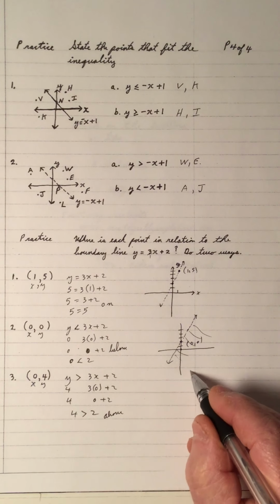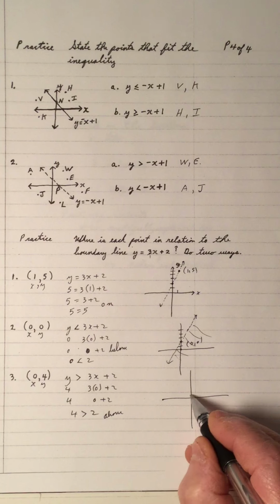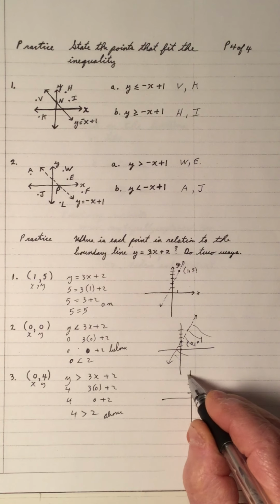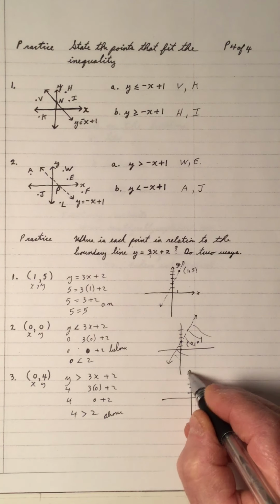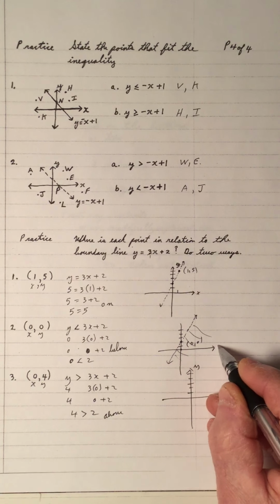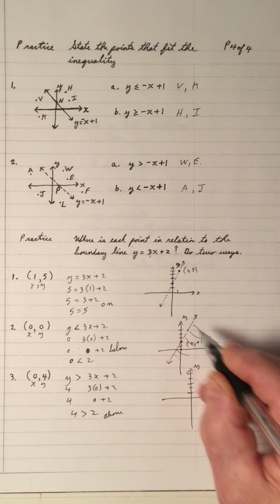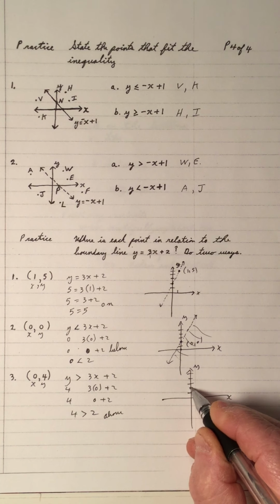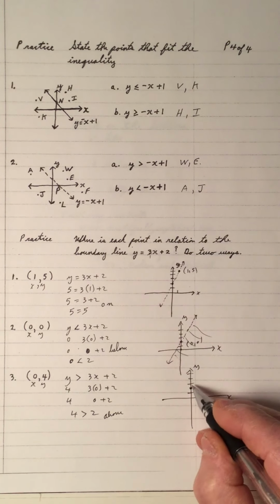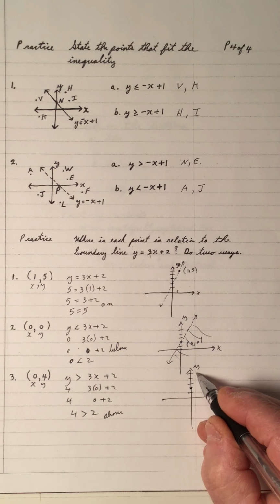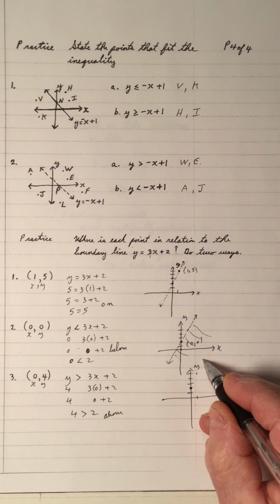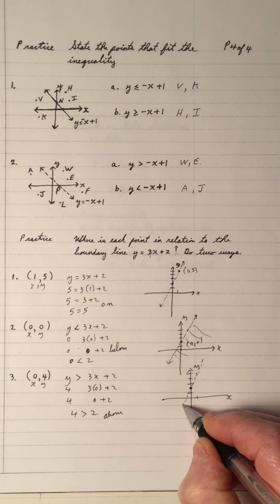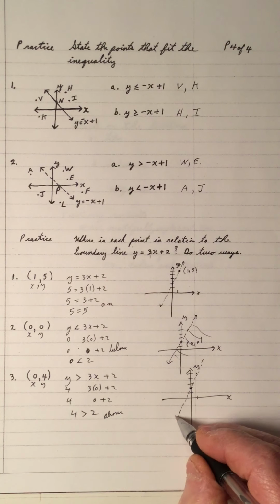And let's check with a graph. Again, here we go. Remember, that's x and that's y axis. The y-intercept is 2, and we rise 3 and run 1. So we got this boundary line again, the same boundary line we had in these two.